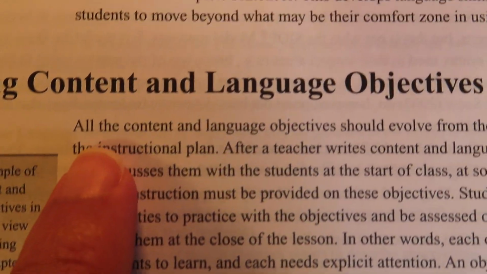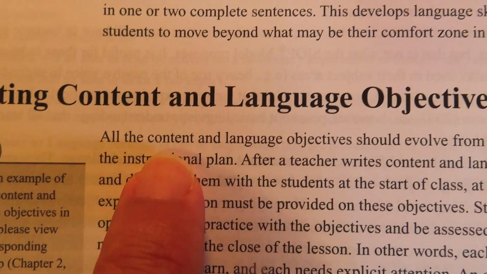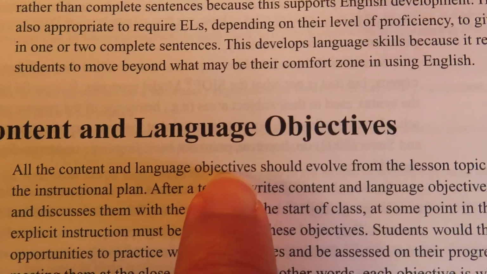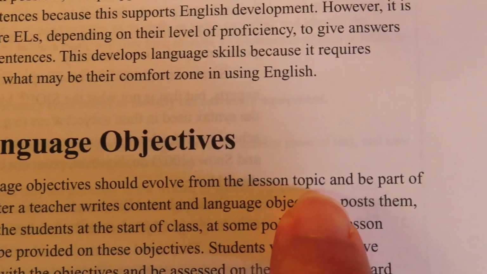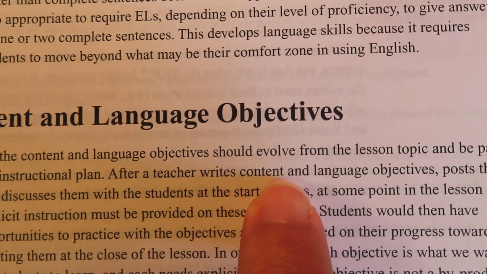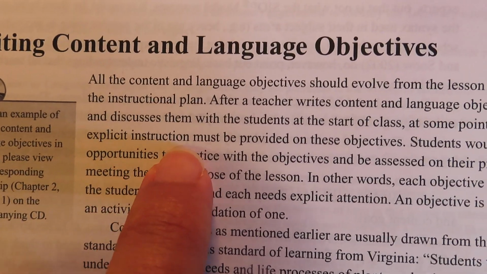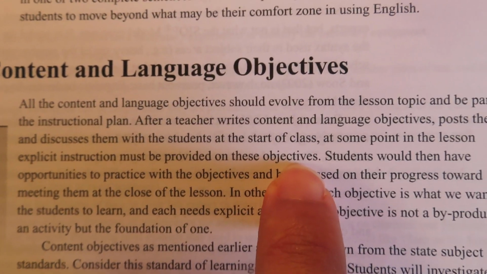Yeah, I mean, we can read together a little bit here. This is just at random, but: "All the content and language objectives should evolve from the lesson topic and be part of the instructional plan. After a teacher writes content and language objectives, posts them, and discusses them with the students at the start of the class, at some point in the lesson, explicit instruction must be provided on these objectives.